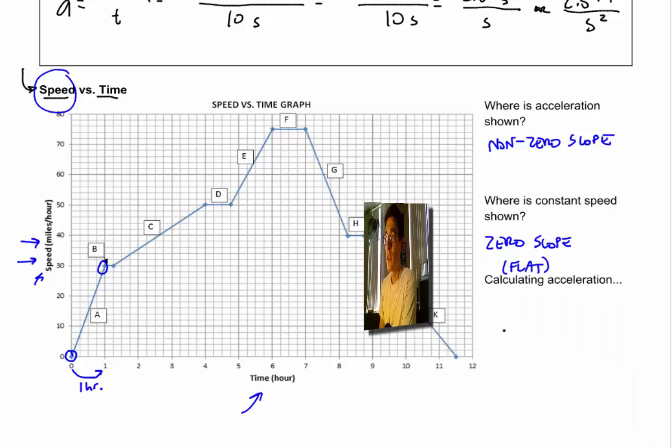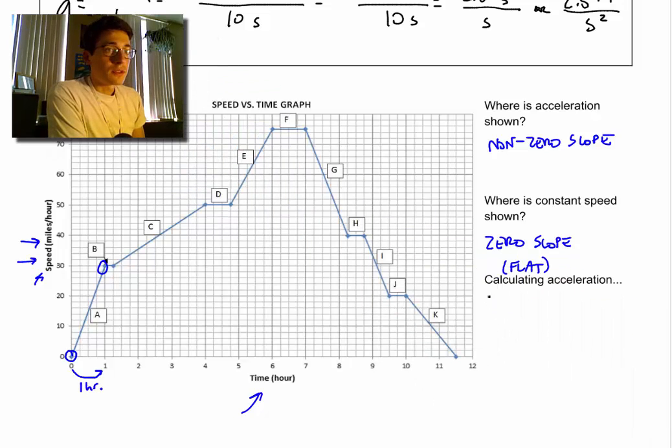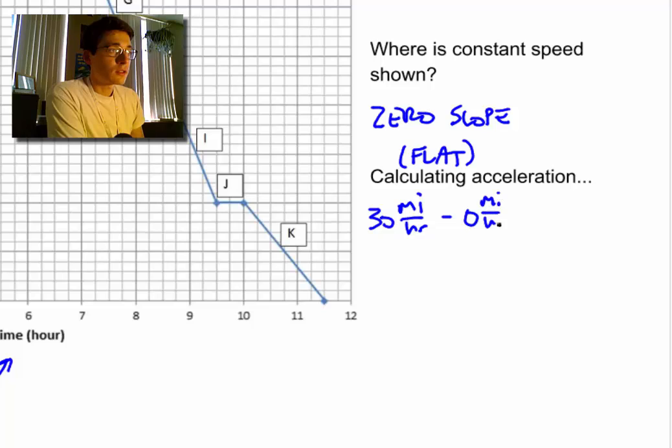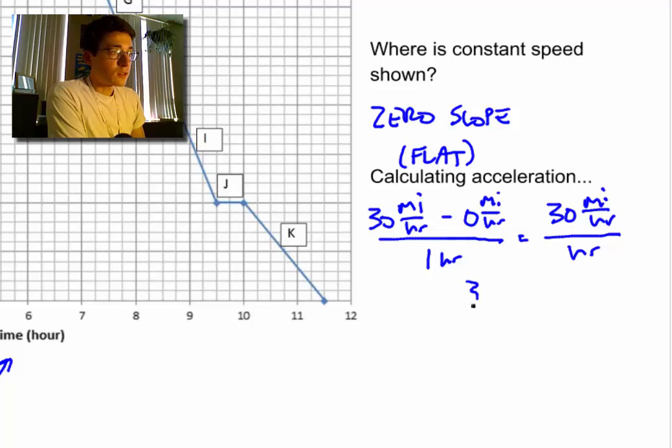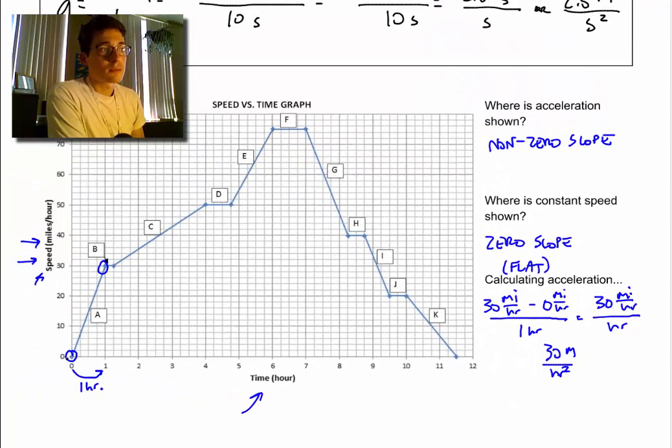We take our v final of 30 miles per hour, subtract 0 miles per hour, and divide by 1 hour. 30 minus 0 is 30, divided by 1, so our acceleration is 30 miles per hour, and we can represent that as 30 miles per hour squared. This would be our acceleration for that first line segment.